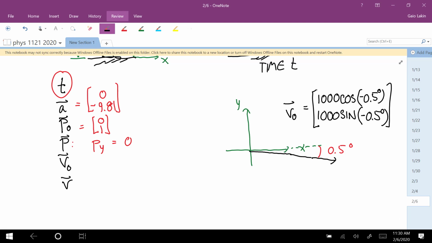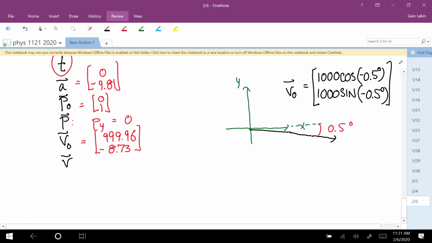So tell me if this is right, 999.96 for the x component. And then for the y component, negative 8.73. And then we don't know v. Well, again, we know that the x component is going to stay that for any time.